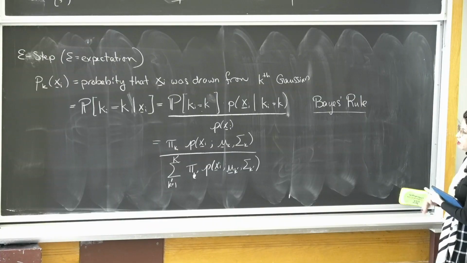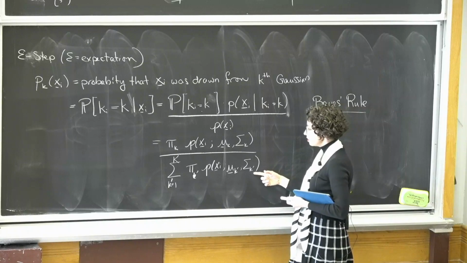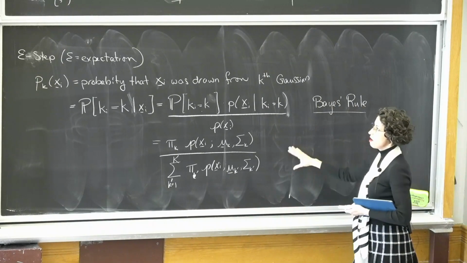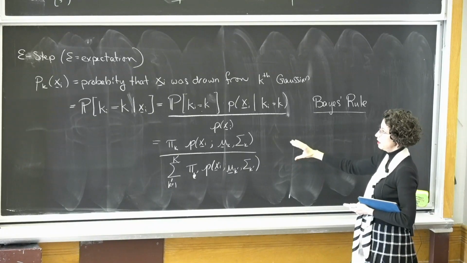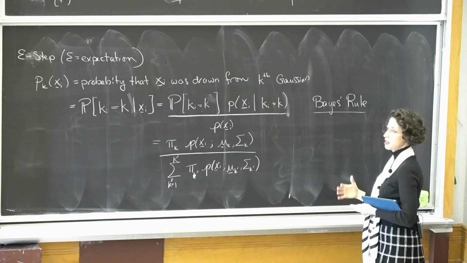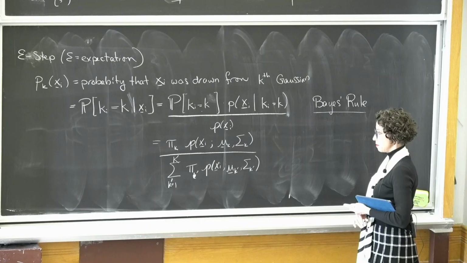Okay, so given our current estimates of the means and the covariances and the weights of all the Gaussians, I can straightforwardly compute these values, these probabilities that I drew xi from the kth Gaussian as opposed to all the other Gaussians in my mixture.